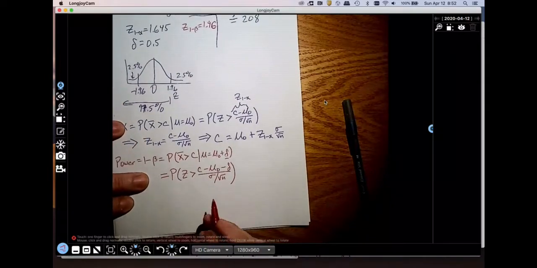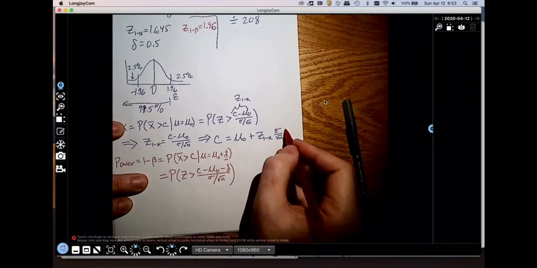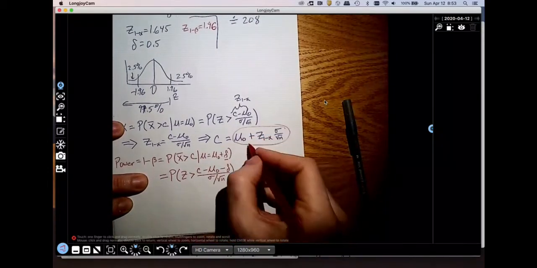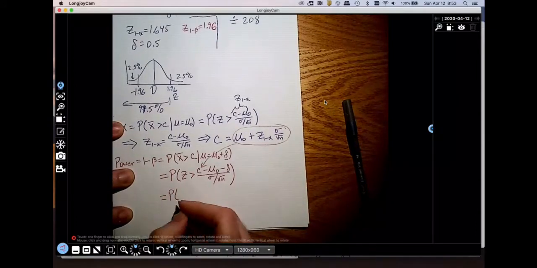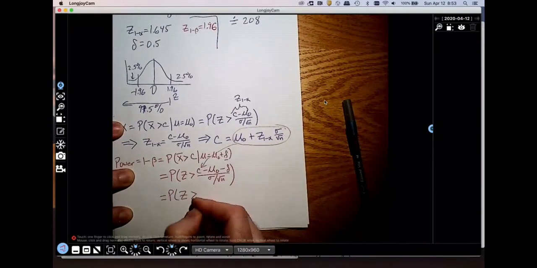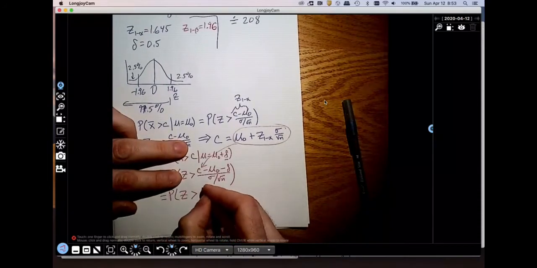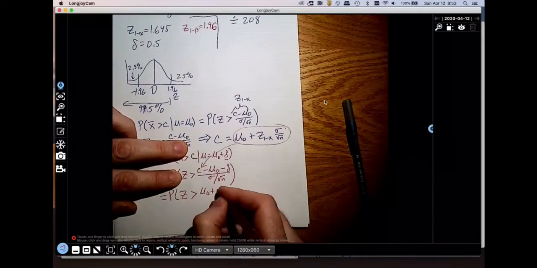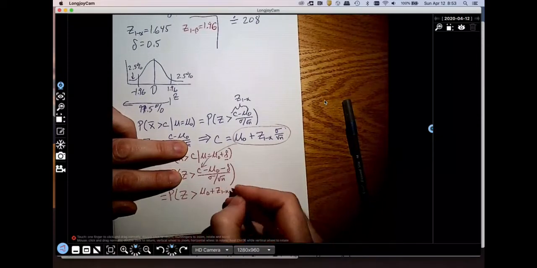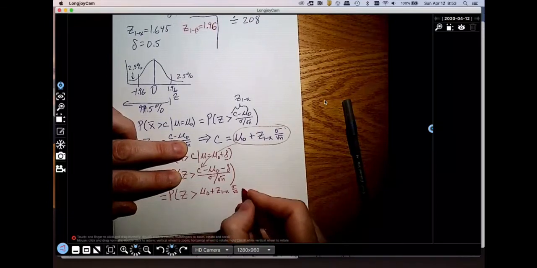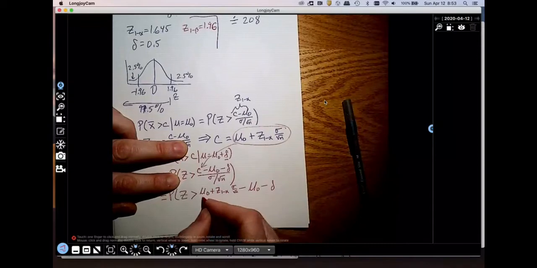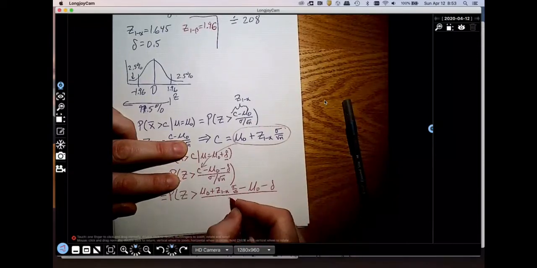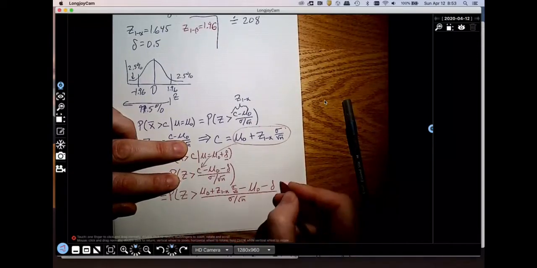Now what I'm going to do is drop in this for c. So let's go do that. This would be the probability that I observe a z greater than, so this is going to be mu naught plus z 1 minus alpha sigma over root n, and then minus mu naught minus delta, divided by sigma over root n.